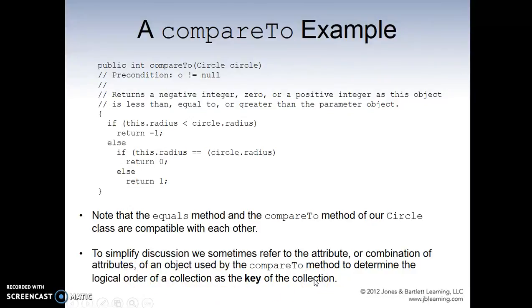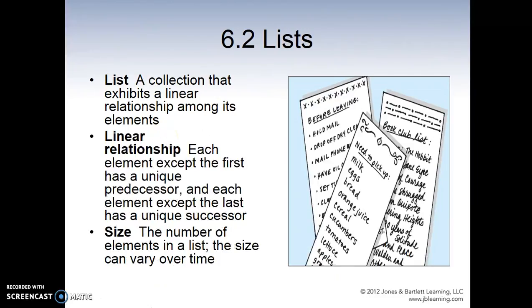So we use attributes like radius to compare. Now we understand the basics of object references, and when we compare we have to use the equals method, not the two equals operator. And if we want to get the order, we need to use compareTo, and the class must implement Comparable. So let's look at an example.